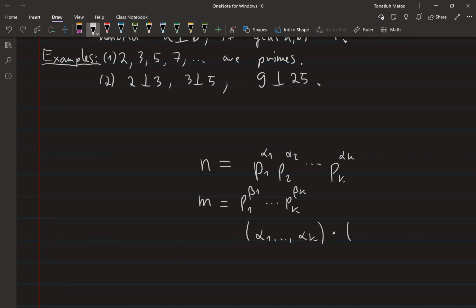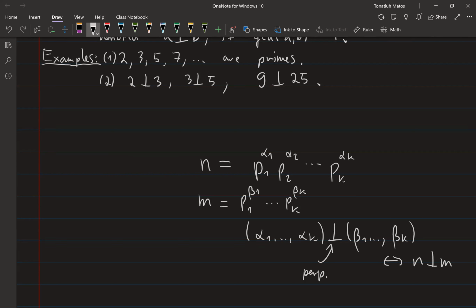And then these two vectors, the coefficients that uniquely determine the integers n and m, are perpendicular if and only if n and m are coprime, right? So in other words, these two vectors are perpendicular if and only if these two numbers are coprime. And that's what justifies the notation, right? It's the same symbol. Perpendicular vectors, and that's it.